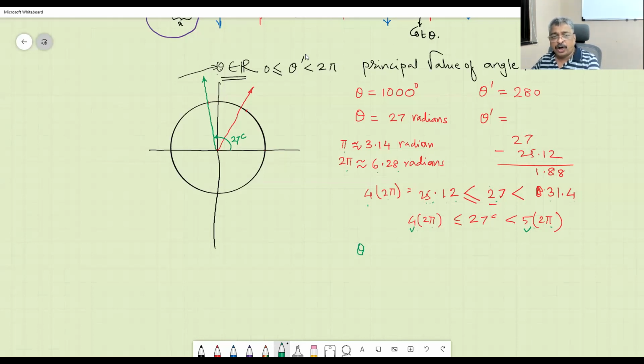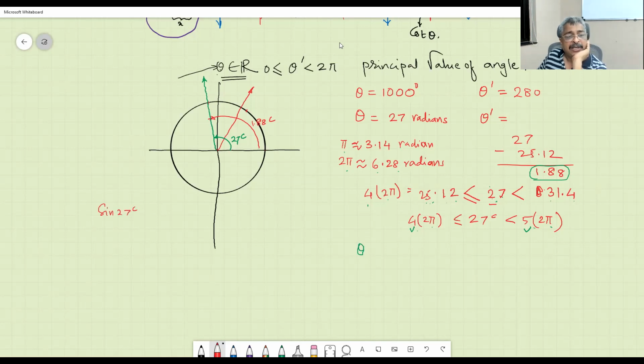Therefore, the actual value of the terminal ray angle is 27 minus 25.12, which is 1.88, and this terminal ray is going to be 27 radian, or you can call this terminal ray 1.88 also. Okay, so for all practical purposes, for all 6 trigonometric ratios, sine 27 radian is exactly equal to sine 1.88 radian.